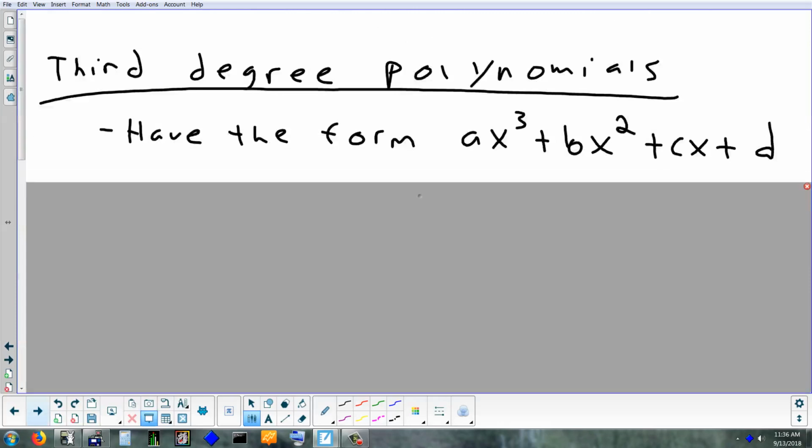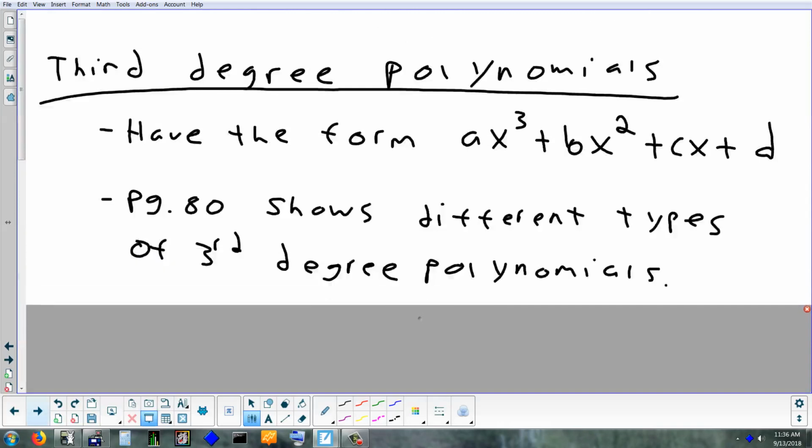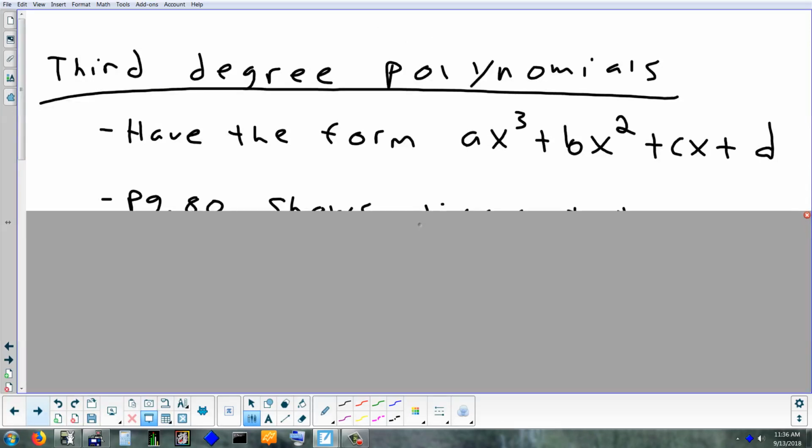Okay, so some of the polynomials we've been looking at, those have been what we call third-degree polynomials. So they have the form ax cubed plus bx squared plus cx plus d. A, B, C, and D can be any numbers that you want. If you start changing them, you'll change the characteristics of the graph. The only restriction is that A can't be 0.